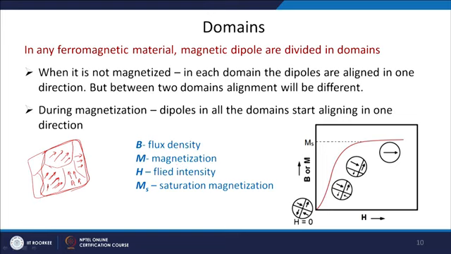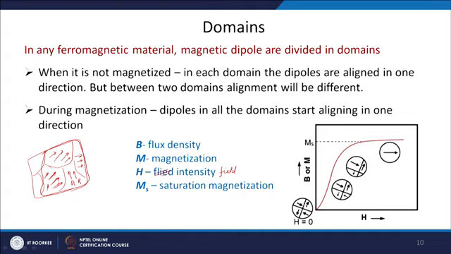H is the field intensity, I am sorry, the spelling is wrong here, H on the x axis. This is what we are externally applying on the material, and MS is the saturation magnetization.